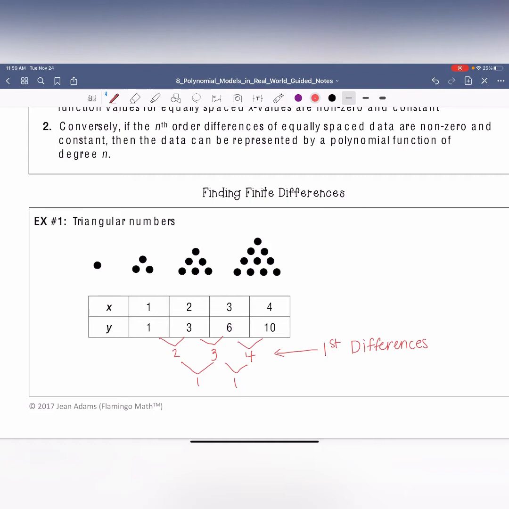Since they are both 1, this is my second differences. And since the second differences are the same, 1 and 1, then I know that this is a quadratic function based off of those differences.